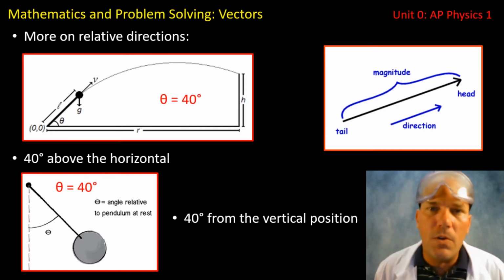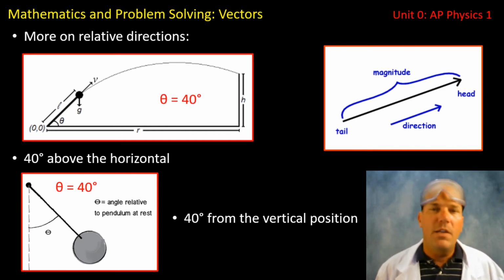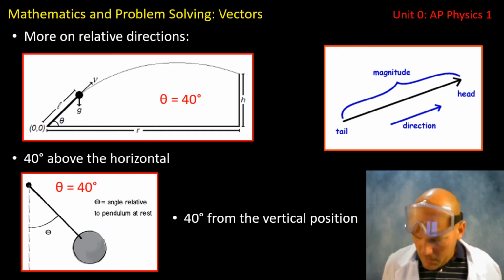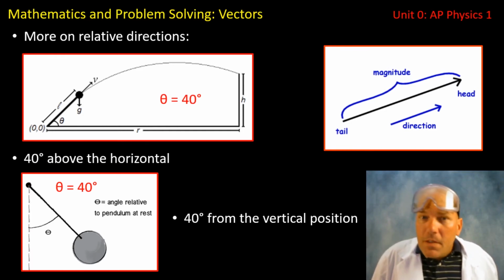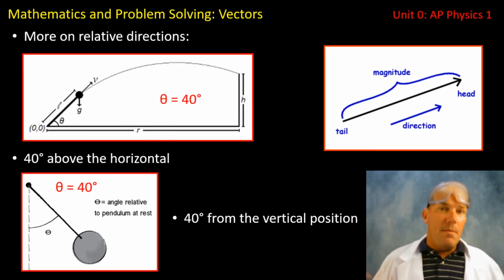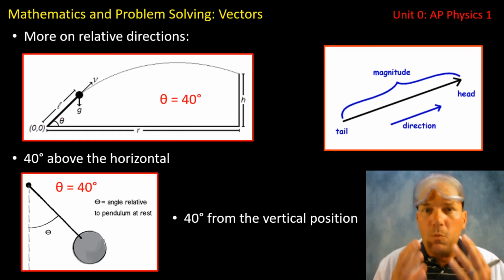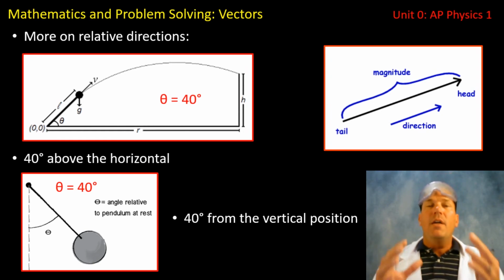We can use cardinal directions, east, south, west. We can use relative directions, up, down, to the left, 20 degrees above the positive x-axis. All of those are great ways for describing the direction of vector quantities.